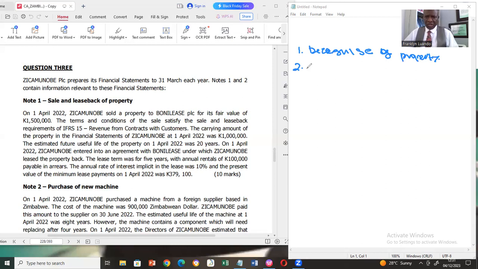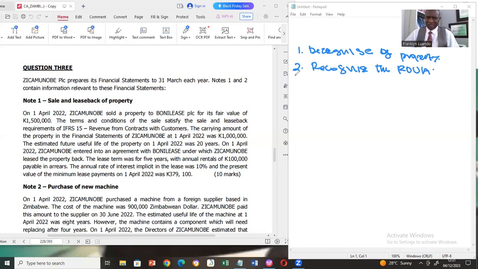Number two, recognize the right of use asset. An asset under lease is a right of use asset.